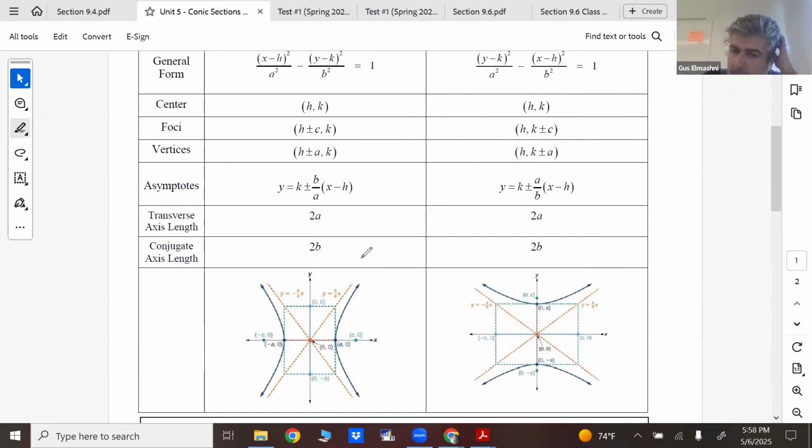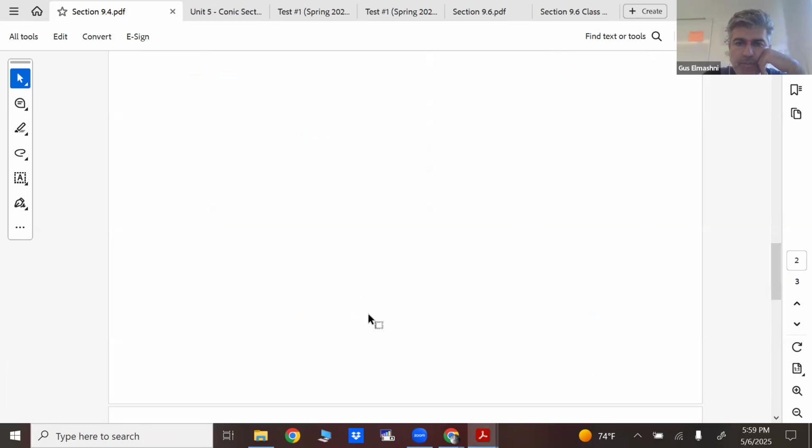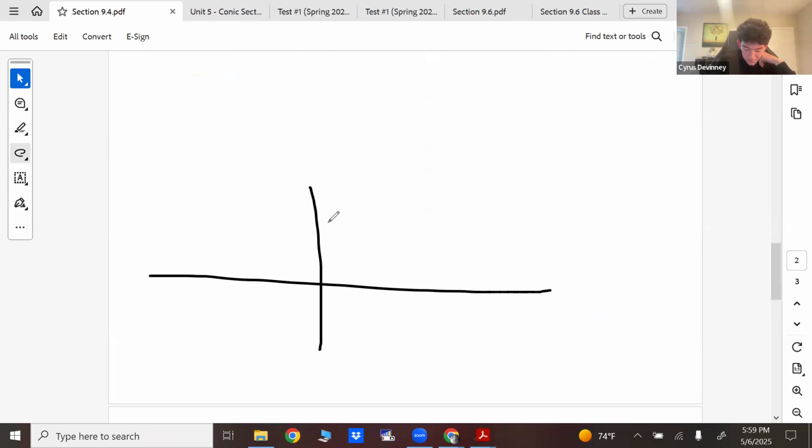So what's happening here is that I said the sum of two distances was a constant for an ellipse. For a hyperbola, it's the difference of the distances between two fixed points. So if I go back to a blank screen, that might help. If I pick two fixed points here, and I'm going to draw something like this.